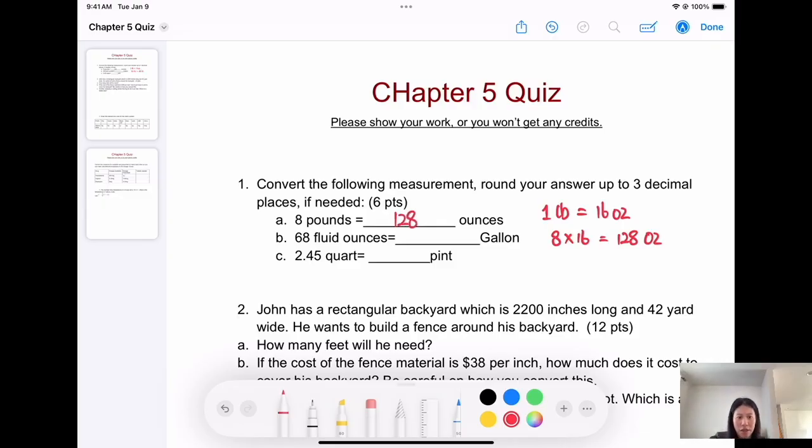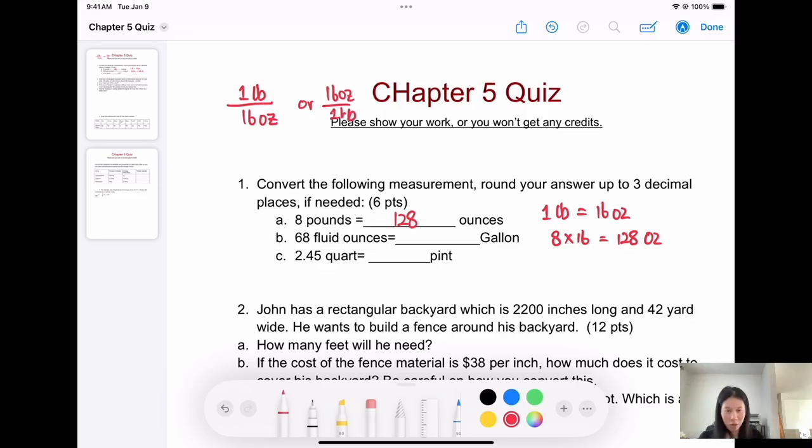Another way to do it is to use cancellation, so we need a little bit of fraction skill. I know that 1 pound equals 16 ounces. You can either write it this way or 16 ounces equals 1 pound.